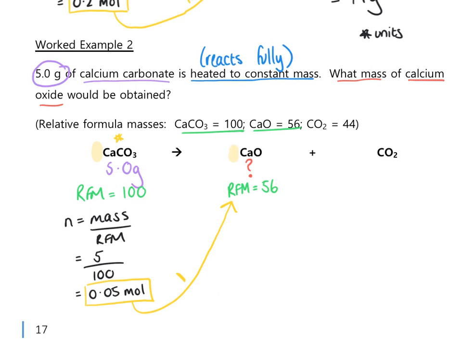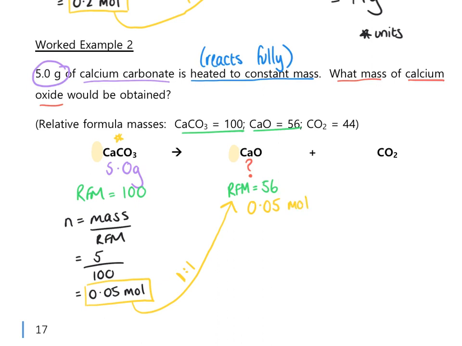And there's no number in front of my calcium oxide, so essentially that's a ratio of 1 as well. So my ratio here is 1 to 1. In other words, the same number of calcium oxide moles will be formed from the number of calcium carbonate moles. So 0.05 moles of calcium carbonate will form 0.05 moles of calcium oxide.